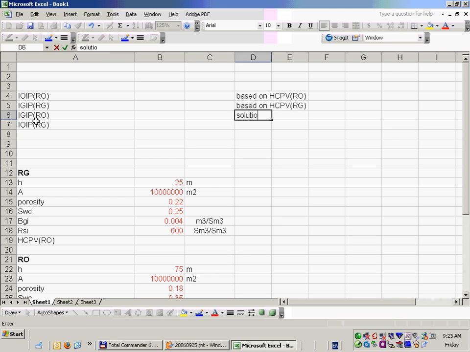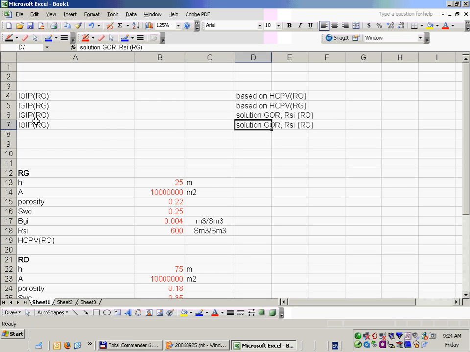Solution gas oil ratio, Rsi, and the solution, okay, and that's in the reservoir oil, and that's in the reservoir gas.